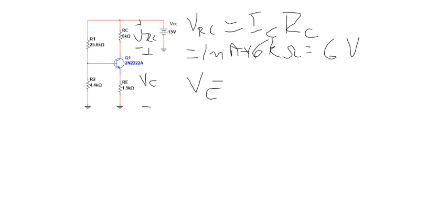So if I take the supply voltage and subtract the resistor voltage, that will give me the collector voltage. So 15 volts minus 6 volts gives me 9 volts.